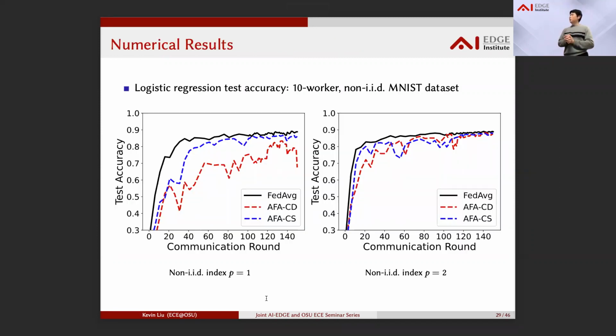Okay, so now here are some numerical results to quickly show you how the anarchic FedAvg algorithm will perform. We just use this kind of vanilla FedAvg as our baseline, because in the standard FedAvg, things happen in a very organized way.